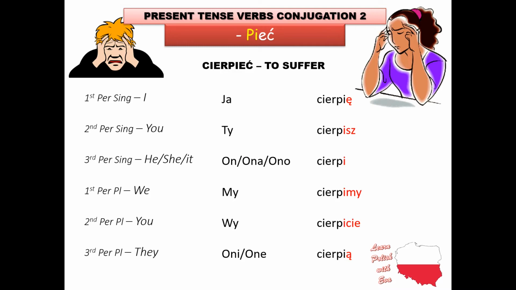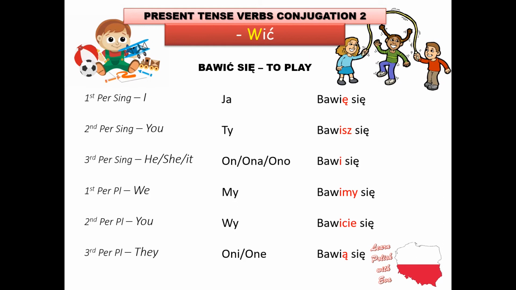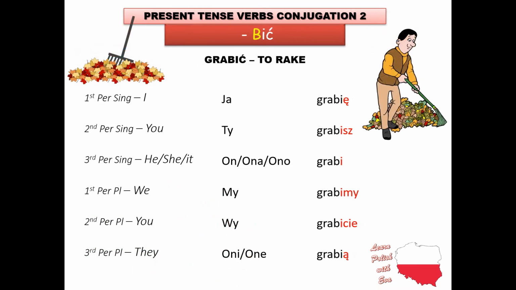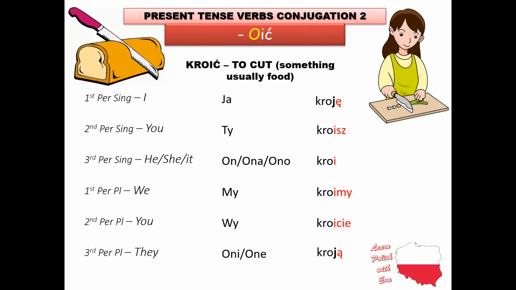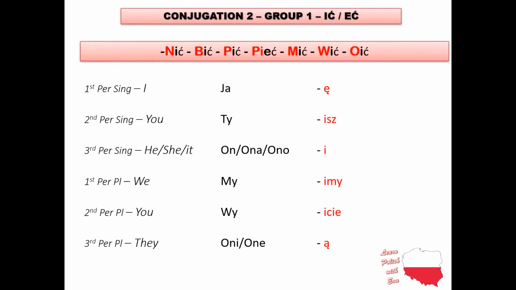The verb bawić się, which is a reflexive verb, has the W before the ending -ić in the infinitive. Then we have grabić, which has the letter B, and we had kroić, which has the letter O. So the only letter I haven't covered, as you can see here, is the letter M, okay?